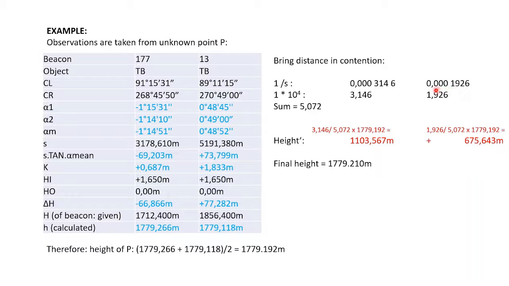So times 10 to the power 4 will get you that 1 in front of the decimal. And that's why we did it like this. So this is just to make your calculation easier, as long as all of your values stay the same ratio to each other, in the sense that they are all multiplied by the same amount.